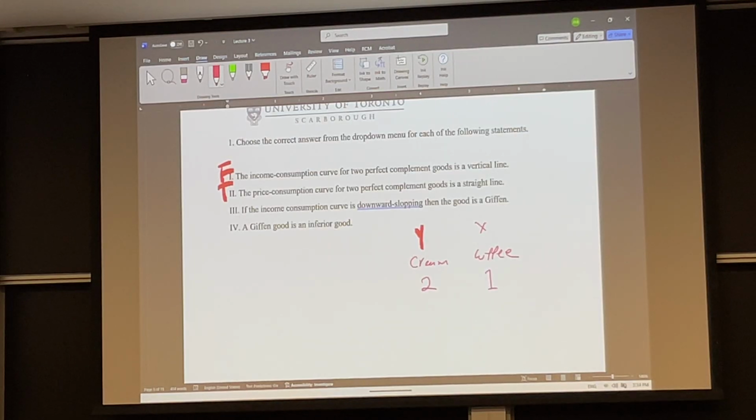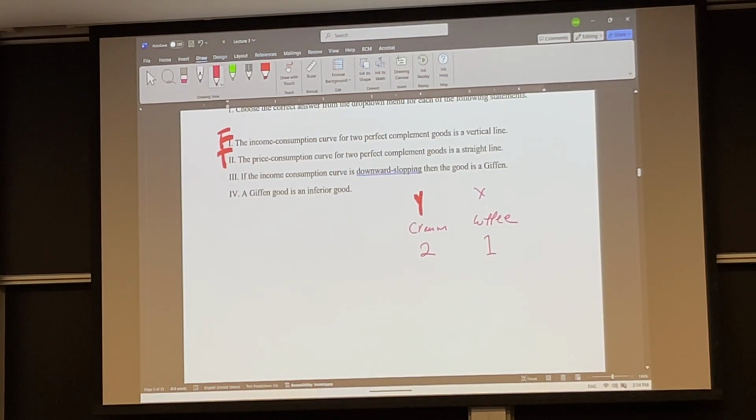If you give him 3 creams, 1 coffee, the 3rd cream is thrown away. It's useless, because he uses only two. If you give him 2 coffees, 2 creams, he's going to throw away 1 coffee. Fine? Okay. So it's characterized by perfect complements where he wants to stay on that line.